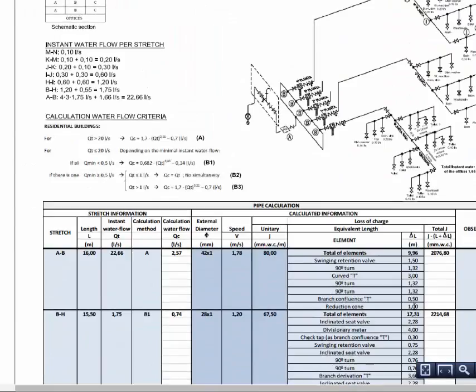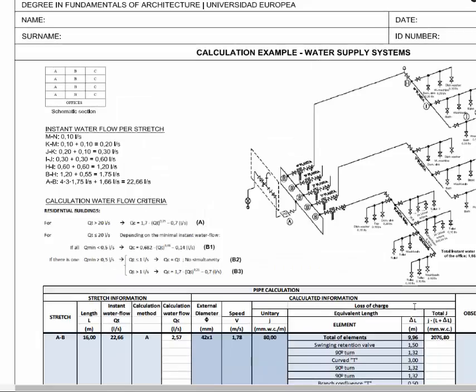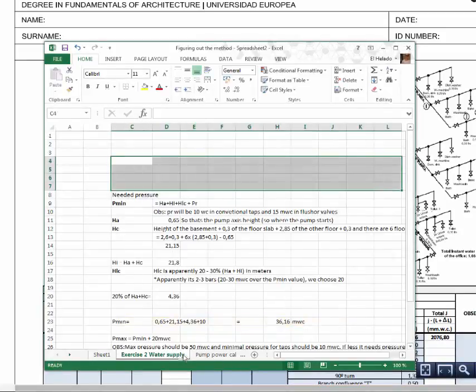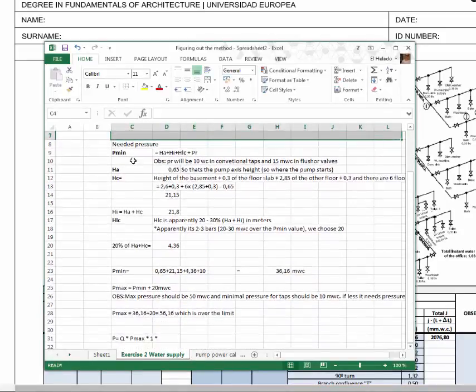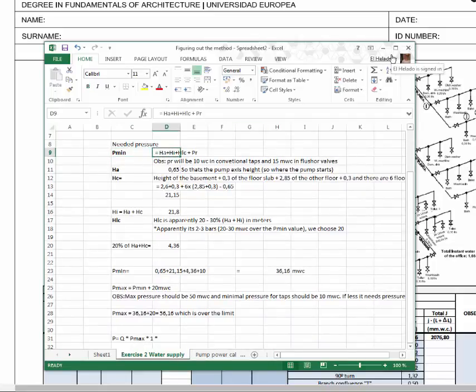let's do another one. So the pump calculations, maybe do it now. So the needed pressure, it's in one of the slides. In the exercise there was a ground floor and a 5-story building, and also a basement unit. And also that has a pump, and the pump was 0.65, so 65 centimeters up.